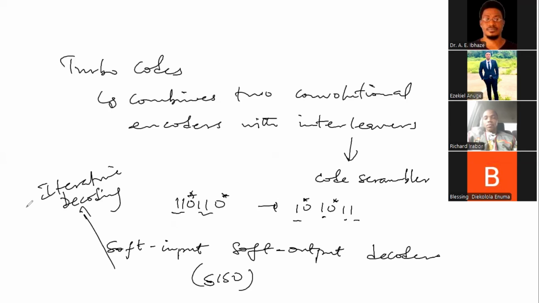So let's say, for instance, we want to transmit K bits. Let's say 101101. So what happens is that this input is fed into the first convolutional encoder. And then the first convolutional encoder takes in this input as it is.